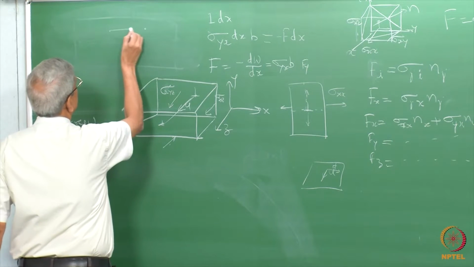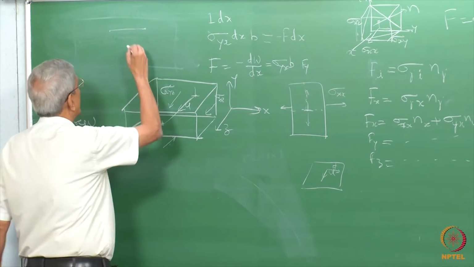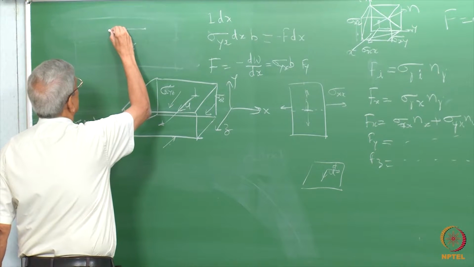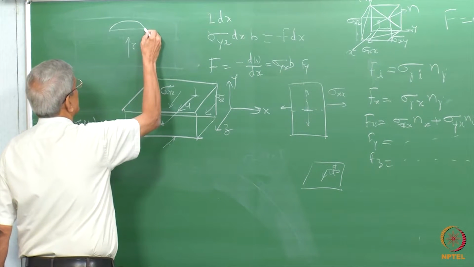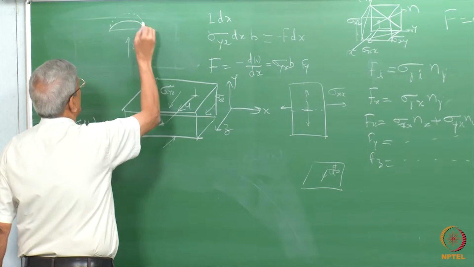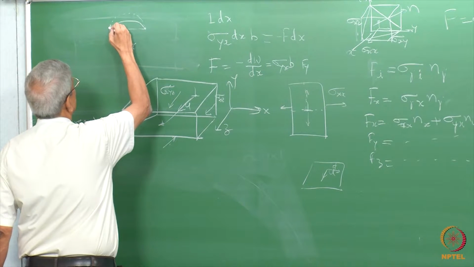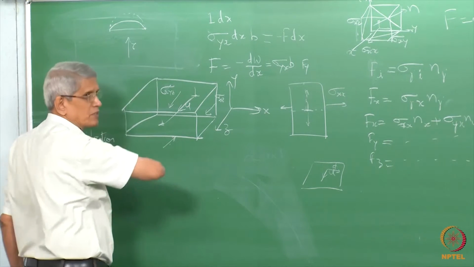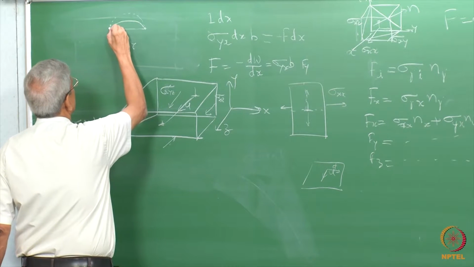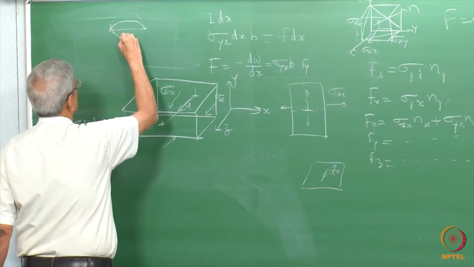Initially the dislocation is like this, and some stress is being applied. The dislocation bends like this, and then the bending becomes more, and at some particular stage it becomes equivalent to a semicircle. When it reaches that stage, this is the direction in which the force will be acting, right?